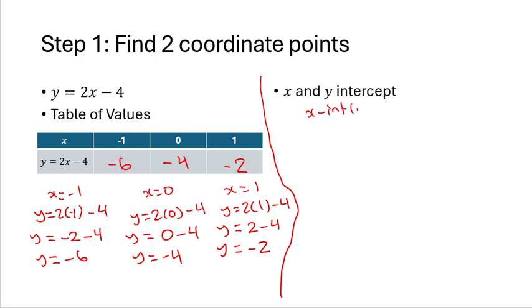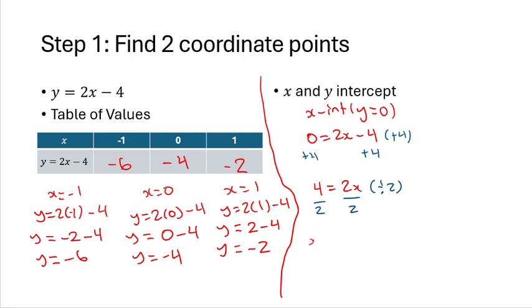All right, let's now find the two coordinate points using the x and the y intercept. So to find the x-intercept, y equals 0. You substitute the letter y as 0, and then you just solve for x. You want to do plus 4 on both sides. 0 plus 4 is 4, and then you get 2x. Divide both sides by 2, and then you end up with x is equal to positive 2.